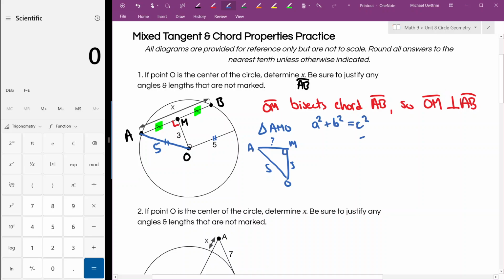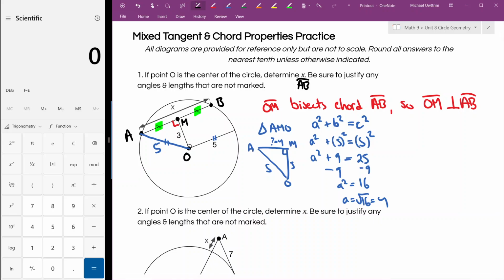In this triangle, the 5 would serve the role as C, B would be 3, and I don't know what A is. And you might recognize that this is a Pythagorean triple, but let's solve this out either way. And of course, we can conclude that our question mark is 4 units long.